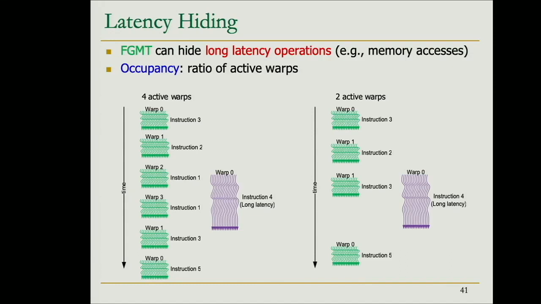As you can see, all these 4 warps are running the same program, but at a particular point in time they are on a different instruction. Here is instruction 4 for warp 0, here is instruction 1 for warp 3. So each of them needs its own program counter. And in the end, a program counter is a register, and we have a maximum number of program counters inside the GPU core.